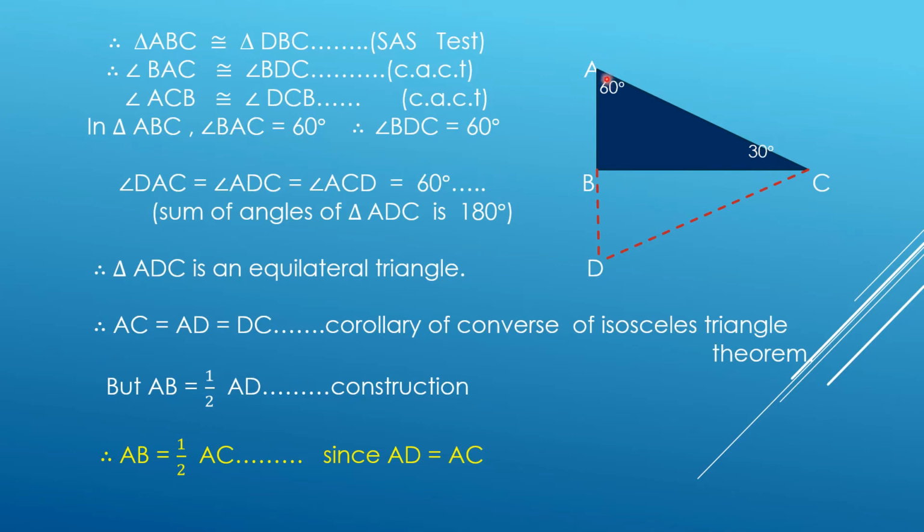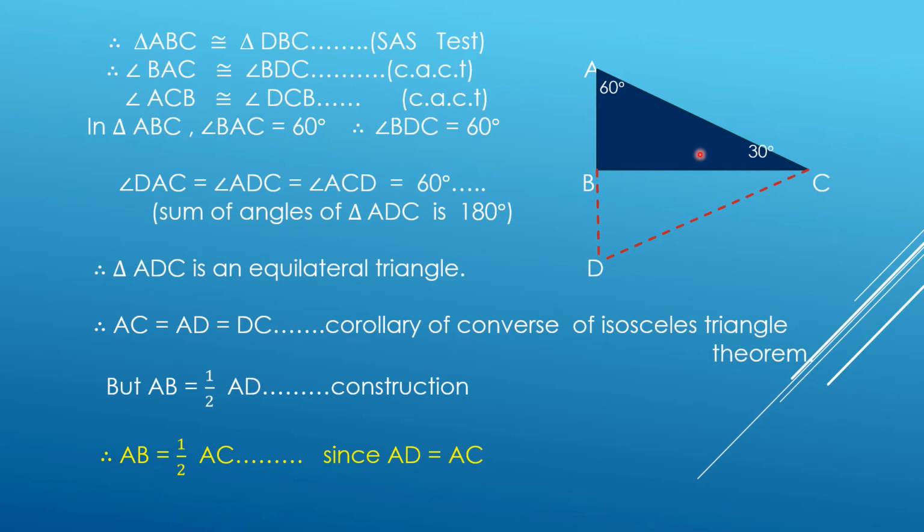Then considering triangle ABC, angle BAC is 60 degrees and therefore angle BDC is also 60 degrees. Then angle DAC is equal to 60 degrees, angle ADC is equal to 60 degrees, and therefore angle ACD is also equal to 60 degrees, because the sum of the angles of triangle ADC is 180 degrees.